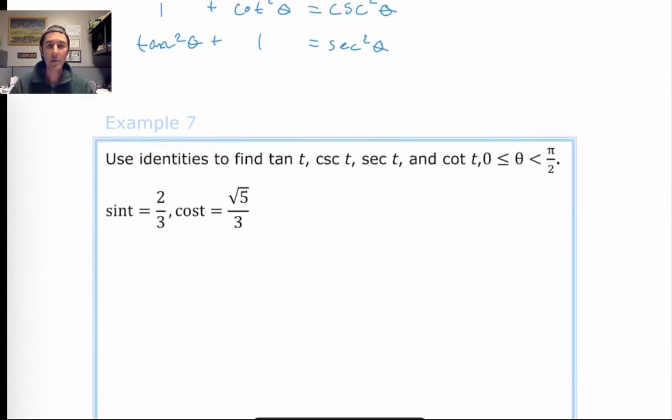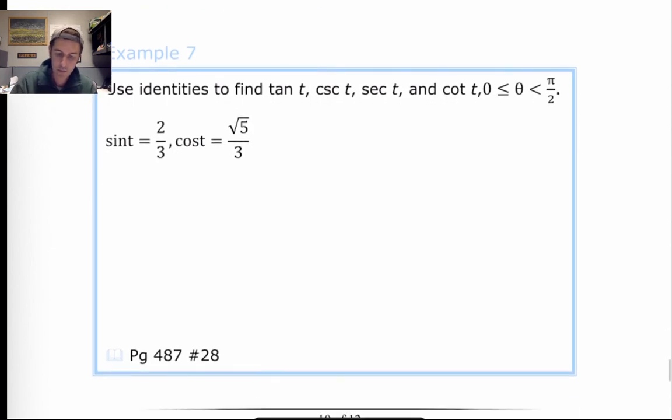Use identities to evaluate the following functions. The tangent of t is equal to the sine of t divided by the cosine of t. And this problem tells us that the sine of t is equal to 2/3, and the cosine of t is equal to the square root of 5 over 3.